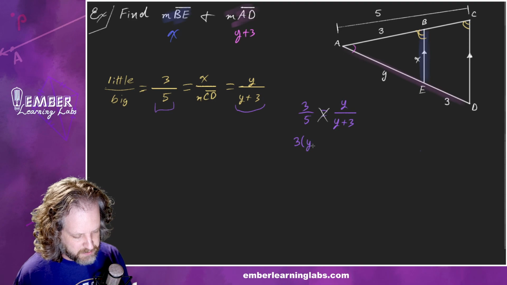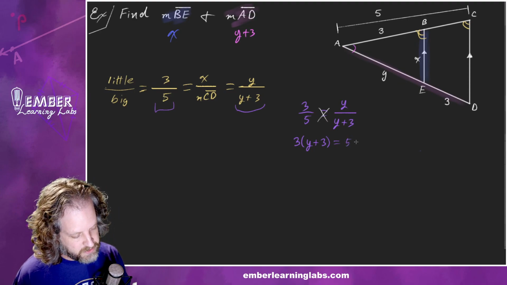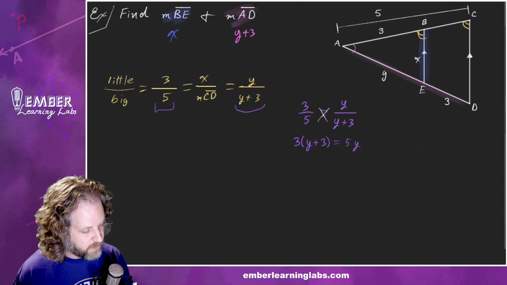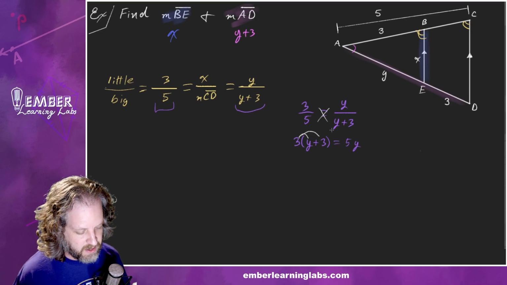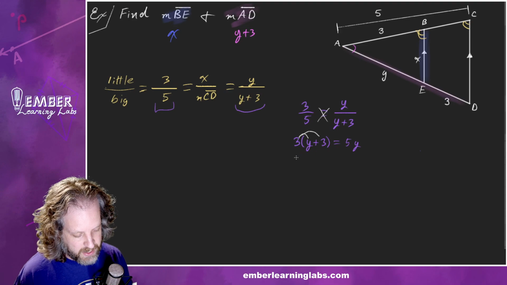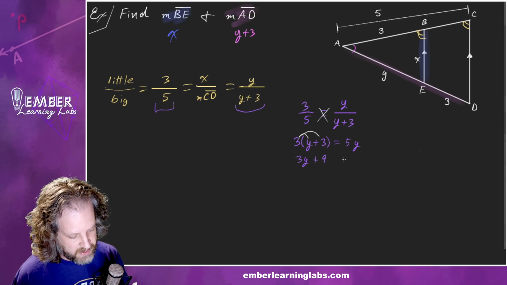So y times y plus 3. 5 times y is just 5y. That one we can just write down and go. So right here, we need to distribute. So this multiplied over here. So 3 times y is 3y. 3 times 3 is 9. So plus 9 equals 5y.